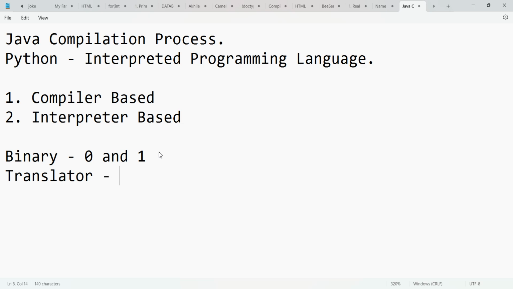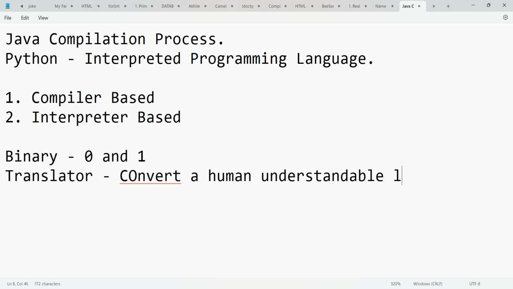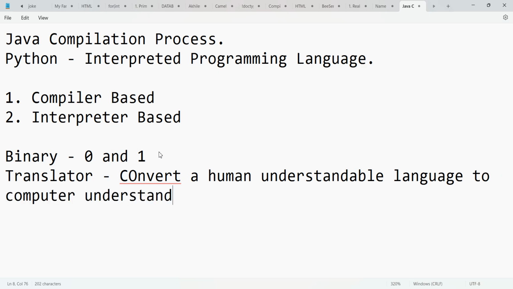Now when the word translator comes, it is going to convert a human understandable language to a computer understandable language. The purpose of a translator is to convert a human understandable language to a computer understandable language.